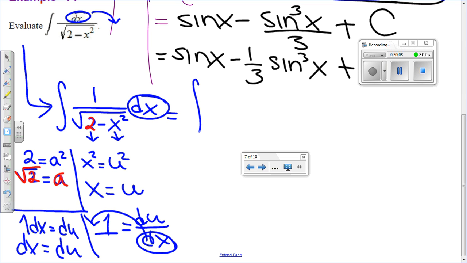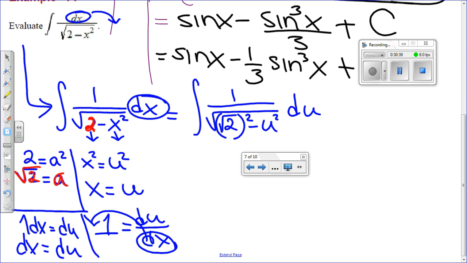So this will be the integral of 1 over the square root, and here we have the square root of 2 squared, because we want to have 2, this number in red. Then instead of x squared, we're going to put minus u squared. And then of course we have du here.